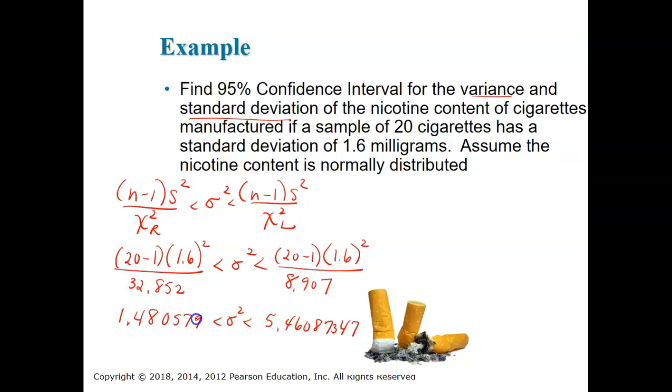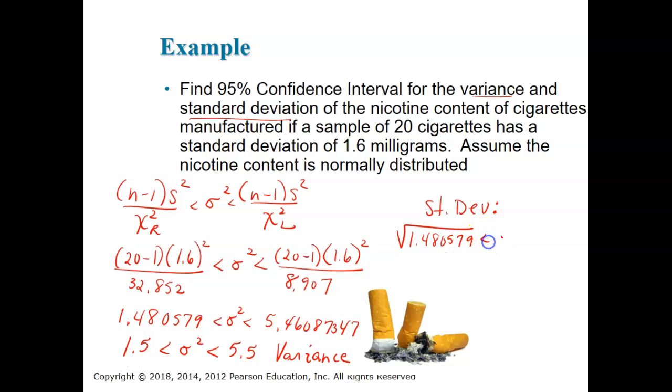So when I do this, I can see that 1.5 and 5.5 are going to be the endpoints for my variance. And then for the standard deviation, I'm going to actually take the square root of those numbers. So it's good to kind of hang on to them throughout the problem.